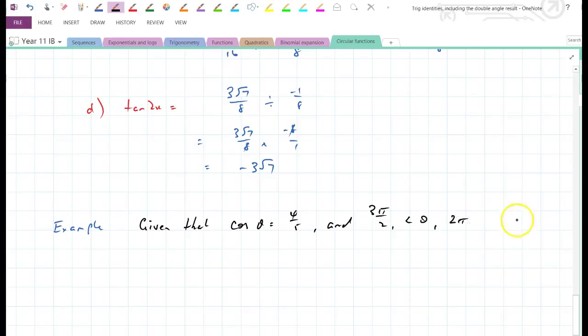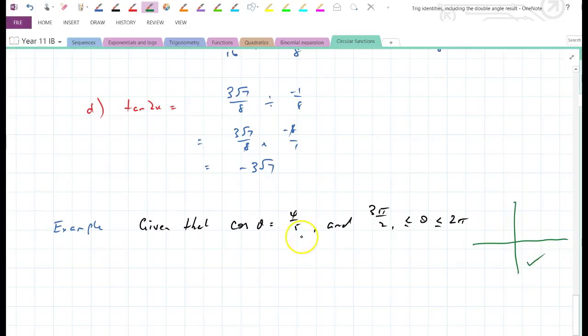Sorry, I put a comma there instead of doing an inequality. We're now, not equal to those, but there you go. We're now in this quadrant here.